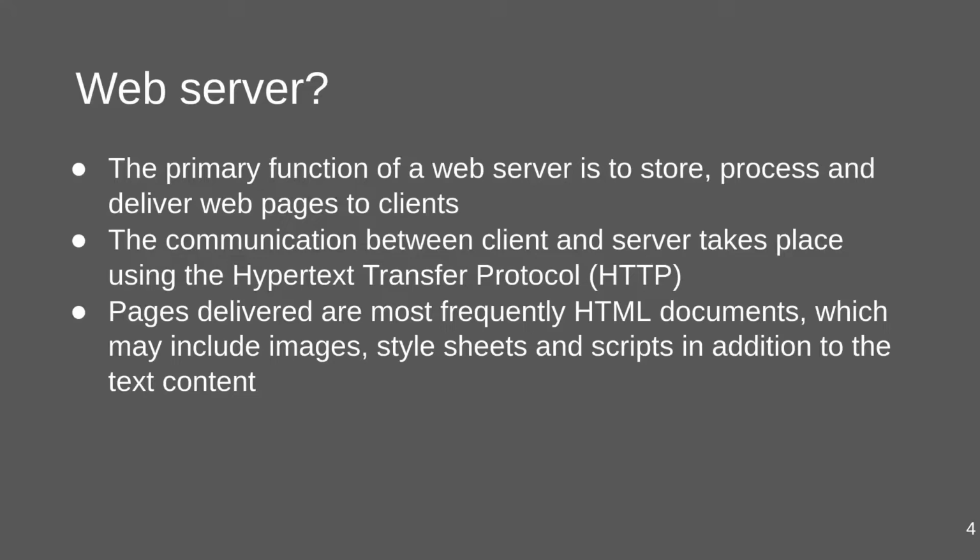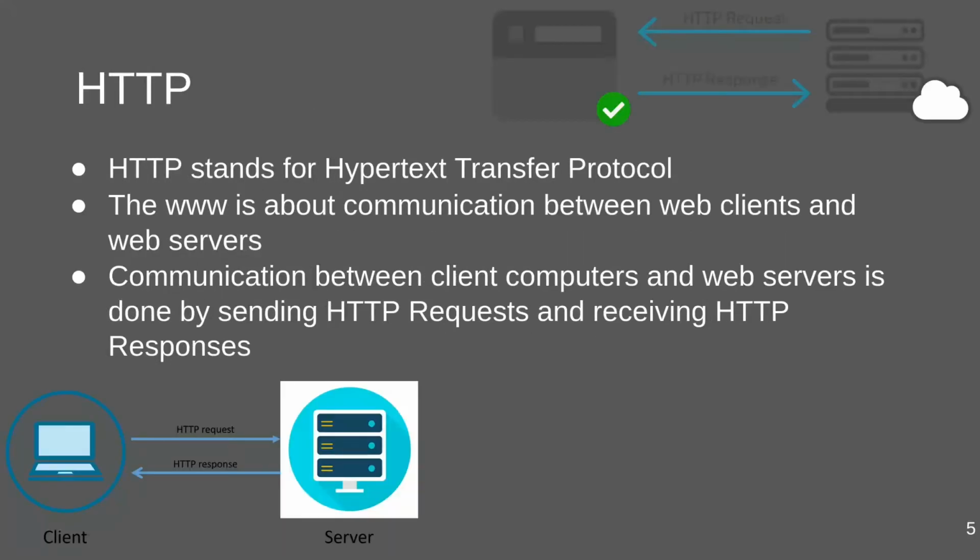So we need all those layers to be in place before we can get to layer 7. So HTTP, we have HTTP requests by our client devices and an HTTP response from the web server.